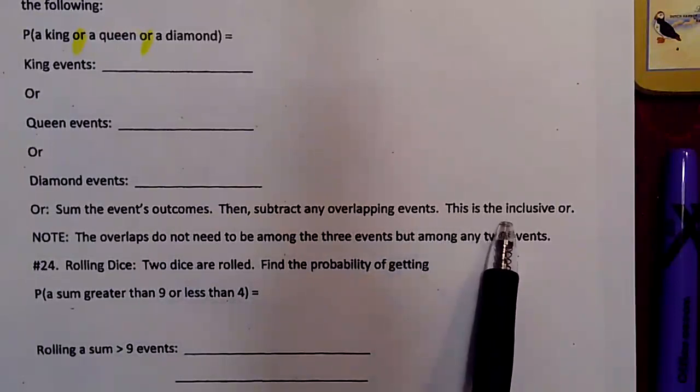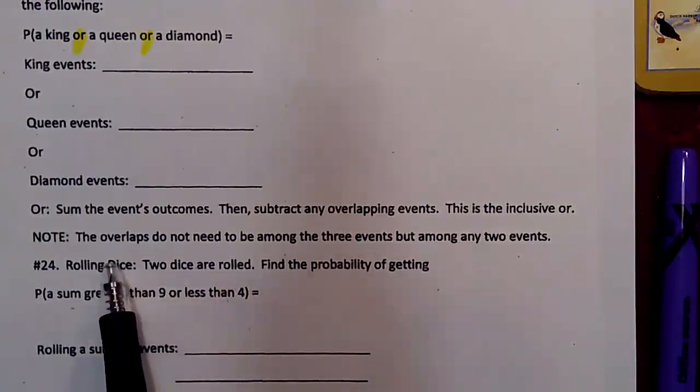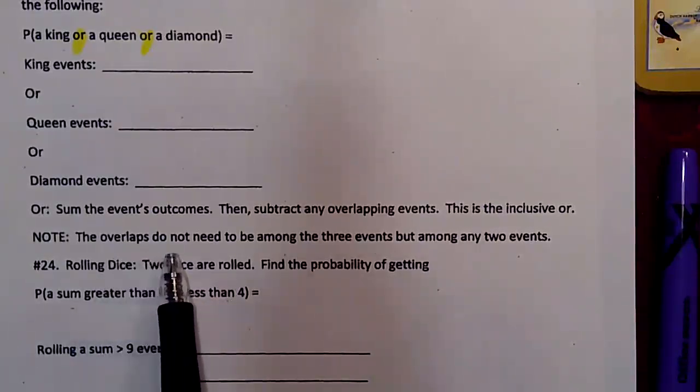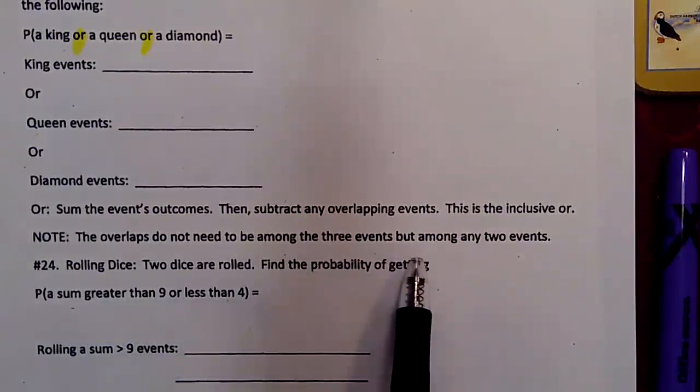And this is supposed to be an example of an inclusive or, so we should have some kind of an overlap. The only thing I need to let you know in advance is that the overlaps don't need to be among the three events, but just among any two. So when you're going to look for an overlap, it's okay for it to occur among any two.